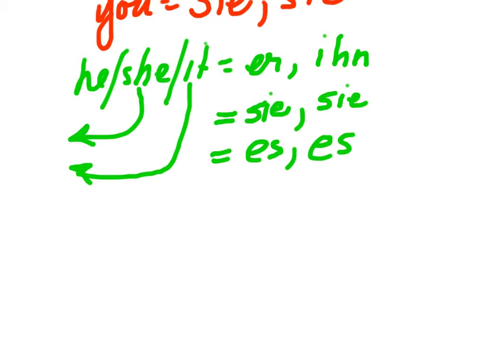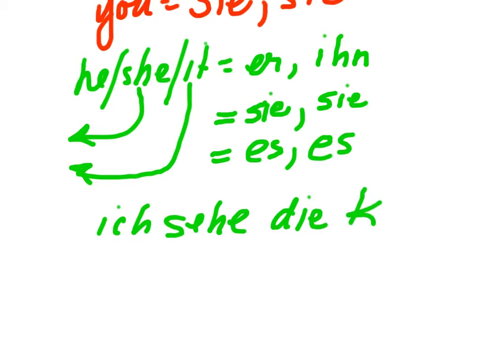I see it. And just a simple note real quick. If I say something like ich sehe die Katze. Okay, this is a cat, Katze. Ich sehe die Katze. If I were to reference the cat, I still hold on to it as a feminine, okay, because die is feminine.